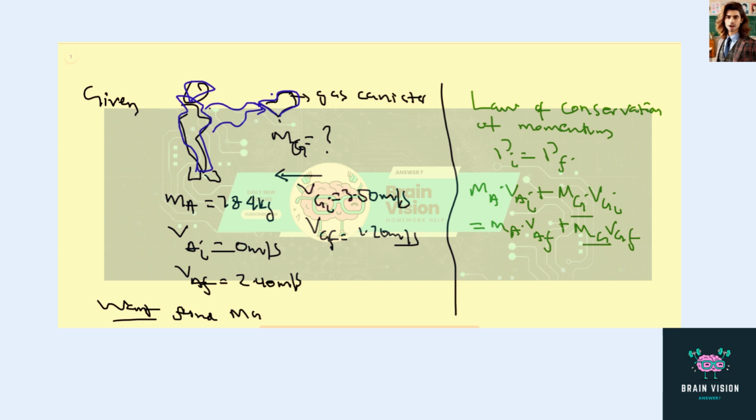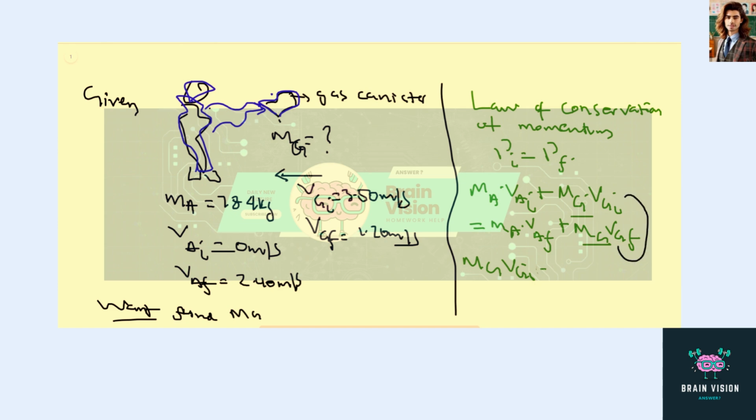Our goal is to find the mass of the gas canister. So we're going to move things around, and you get to see that we put all the information with the gas canister on one side of the equation. When you switch that, this one becomes a minus because it moves to the other side.